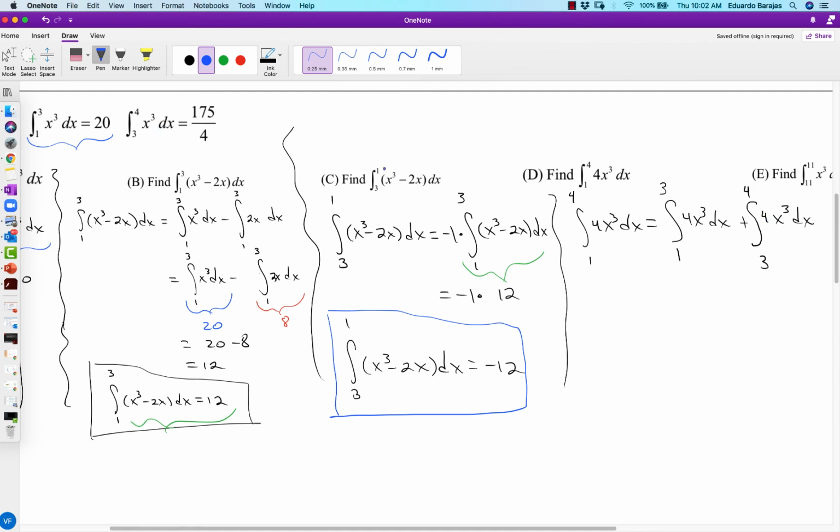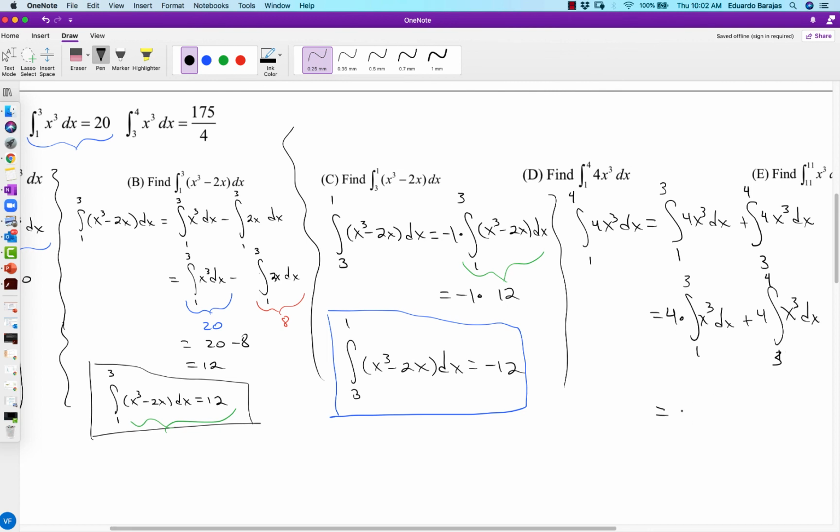I just have to move that 4 out of the way. So this is going to be equal to 4 times the integral from 1 to 3 on x cubed dx plus 4 times the integral from 3 to 4 on x cubed dx.